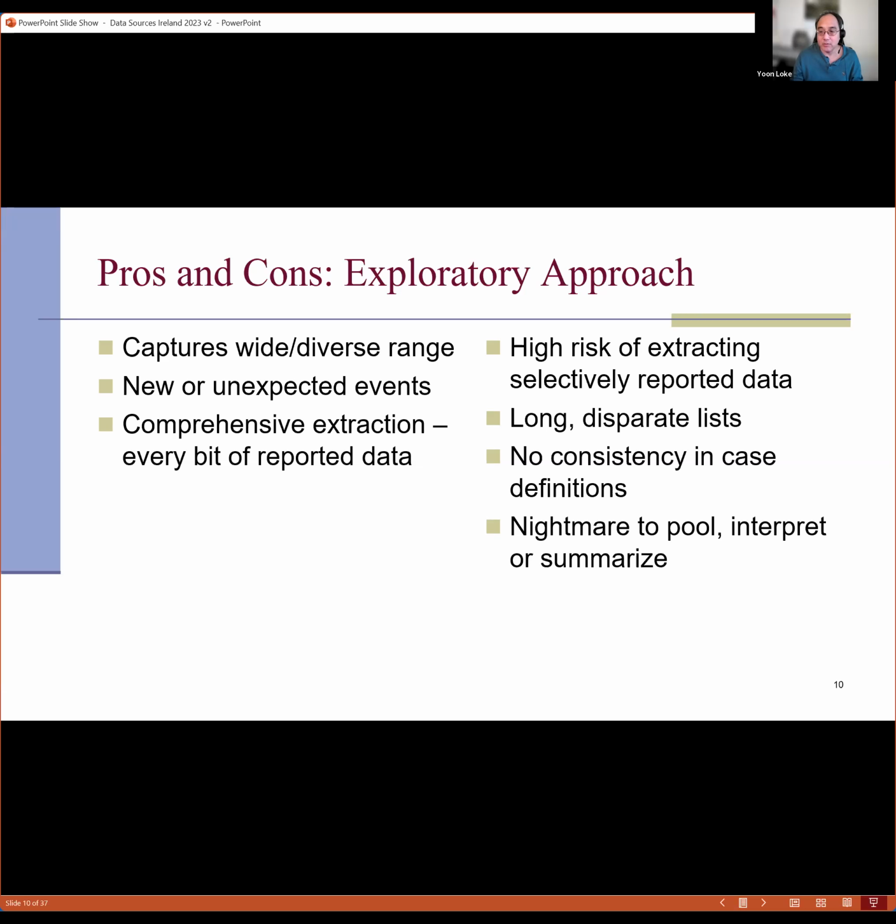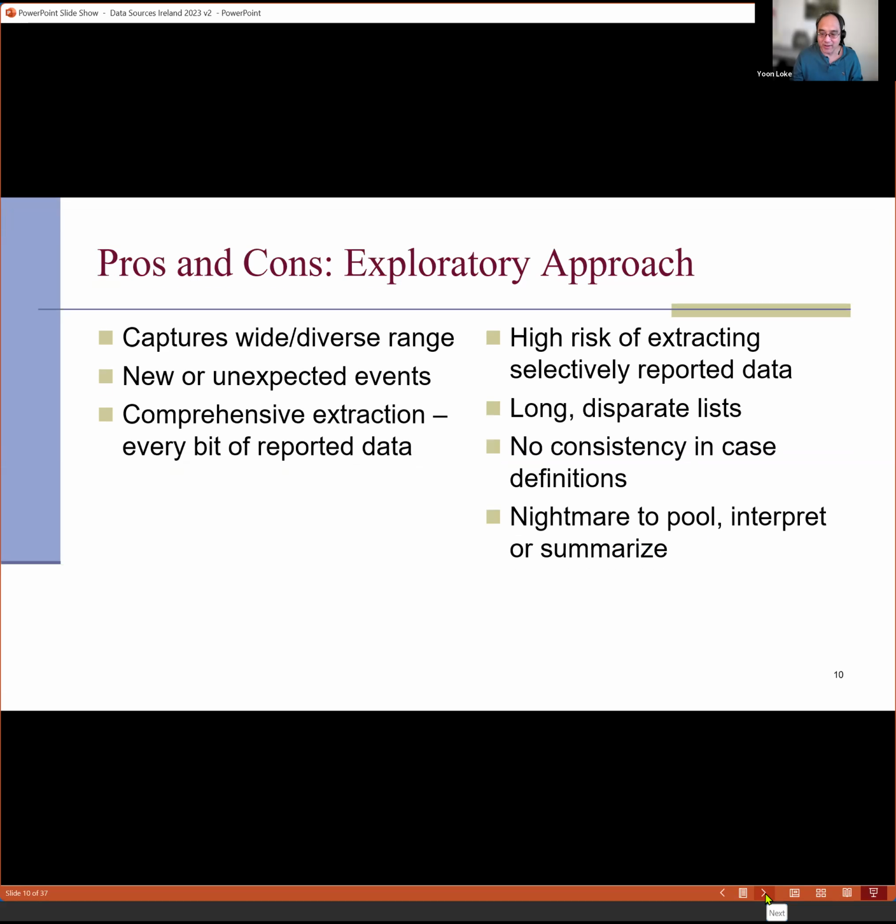It's hard to tell. So you may have a long and disparate list where every different group of trial investigators have reported different things, with inconsistent case definitions, as we know. And for me, each time I face this, I have a nightmare to pool or to interpret and summarize these findings with the exploratory approach, where we have downloaded a long list of adverse events from different trials.